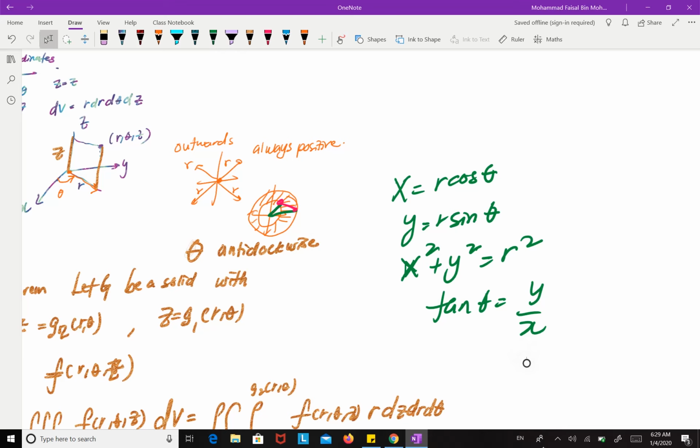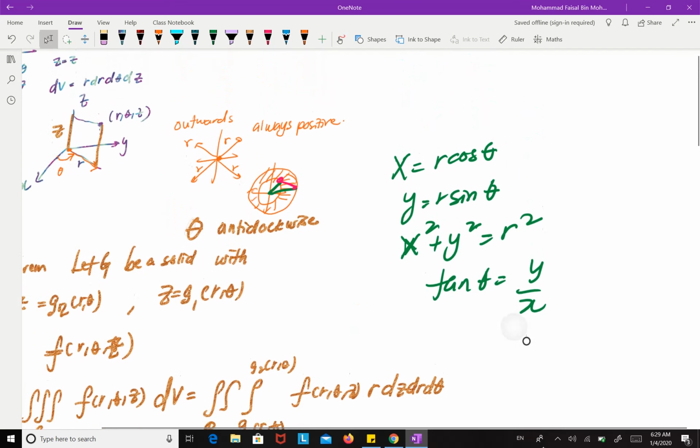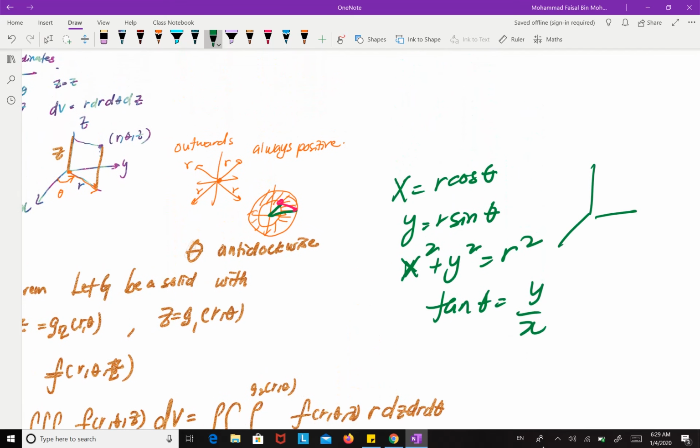In 3D, this is positive x, positive y, positive z, so they move like this, theta. Let's say I have a point here parallel to this, your r should be outwards.